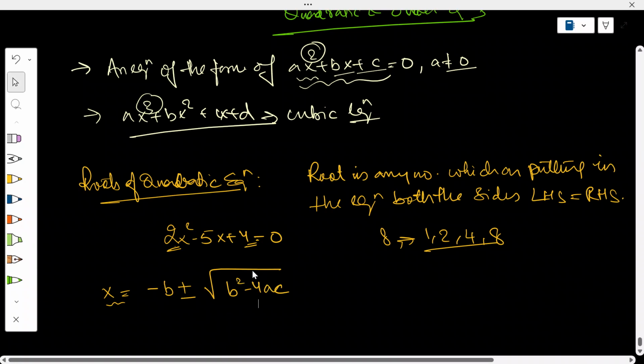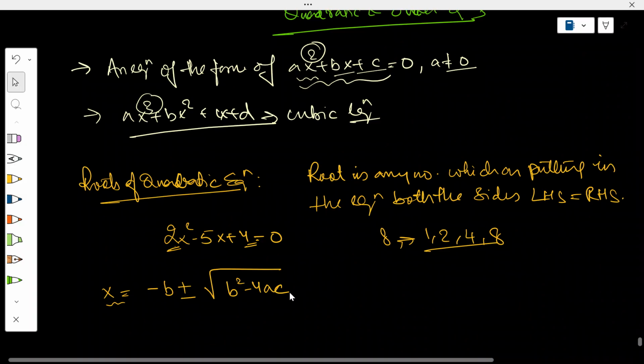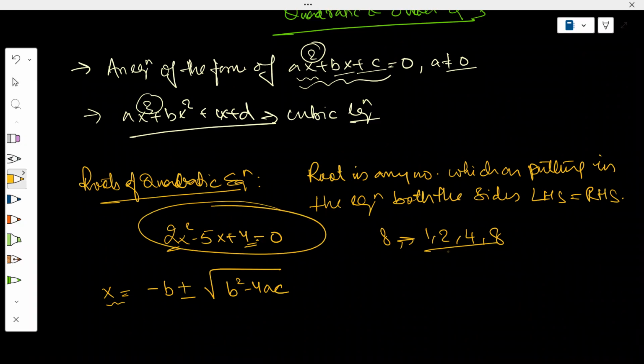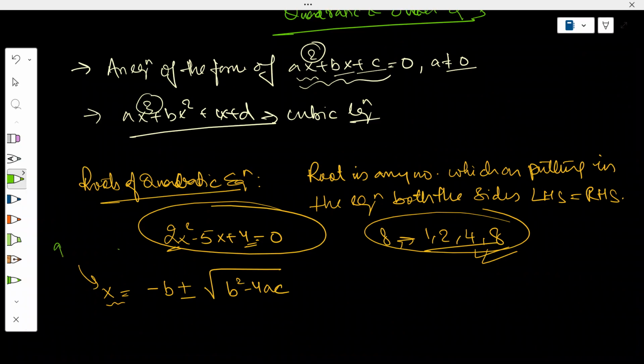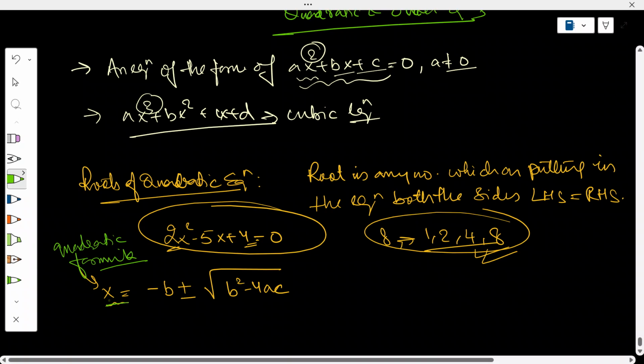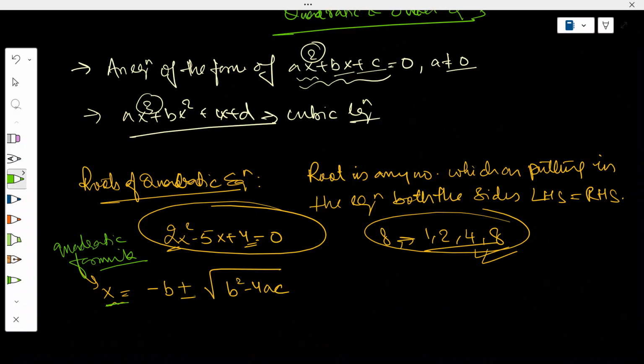Since we could not find the value of x using the factor method, we can use the quadratic formula for finding the roots, which states that x equals minus b plus minus under root b square minus 4ac, divided by 2a. Here we have plus minus, so we will be getting two roots.